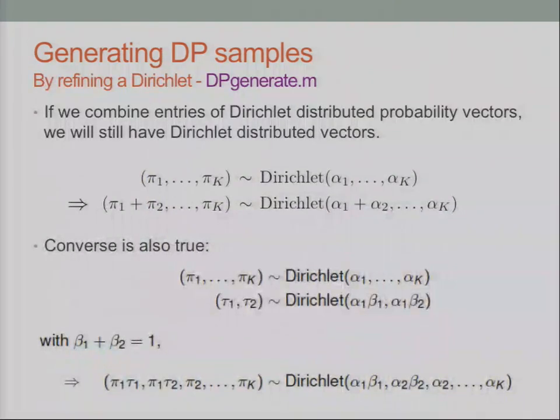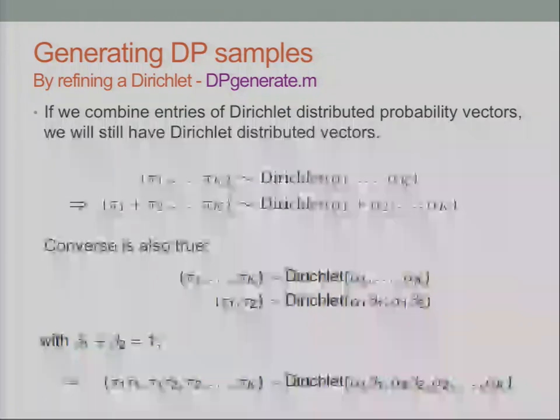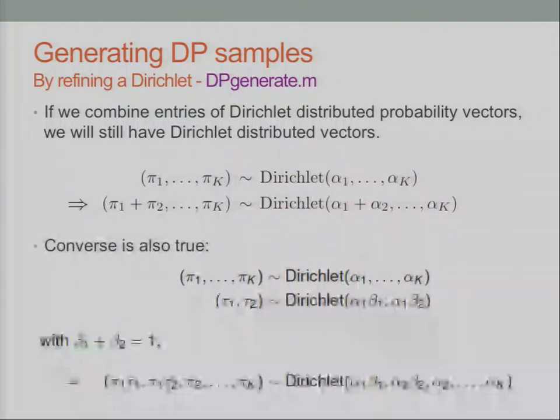So the Dirichlet distribution, again, has an interesting property where if you combine entries of a Dirichlet distributed probability vector, you will still end up with Dirichlet distributed vectors, but with fewer dimensions this time.